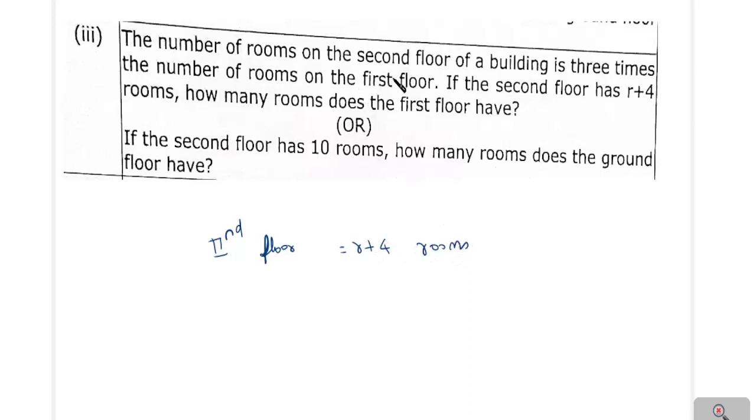The number of rooms in the second floor of the building is 3 times the number of rooms in the first floor. So R plus 4 equals 3 times the rooms in the first floor. For example, if you take the first floor rooms as X, this is 3X.